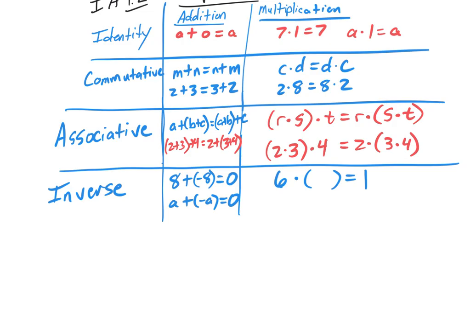In this case, we want to get back to the identity, which in this case is 1. So for addition, we want to get back to 0. For multiplication, we want to get back to 1. But this one's a little bit harder because we're trying to determine what I've got to multiply 6 by to get 1.